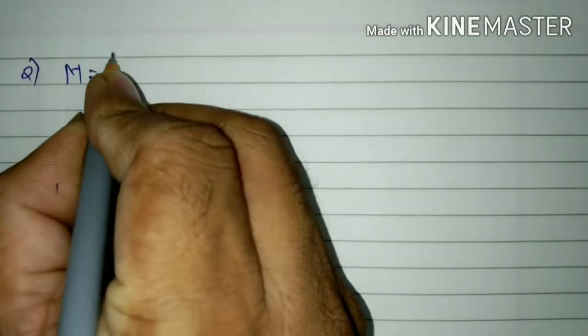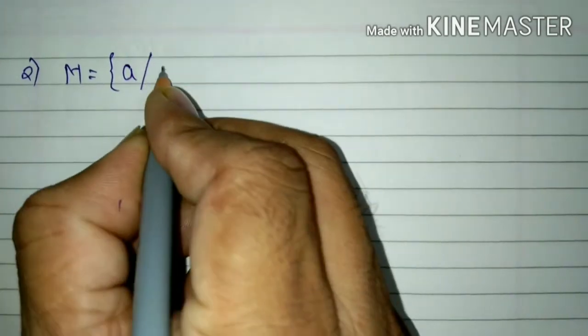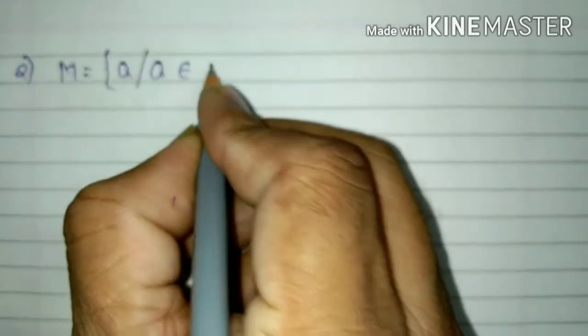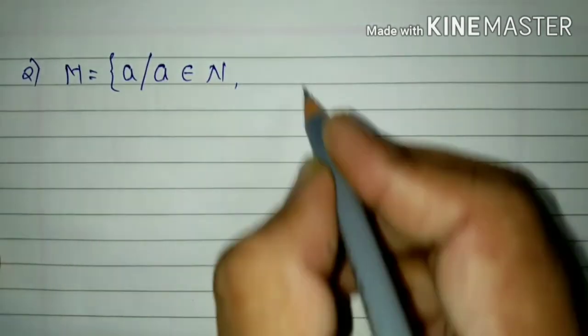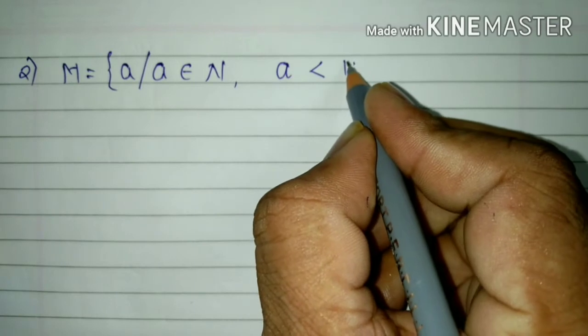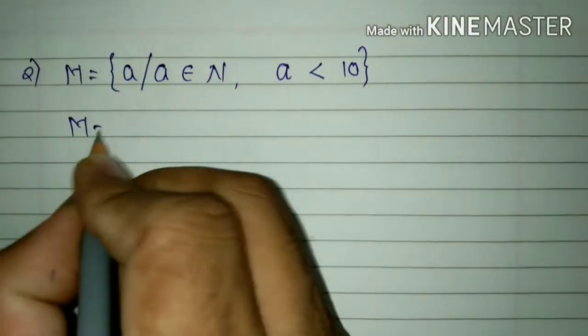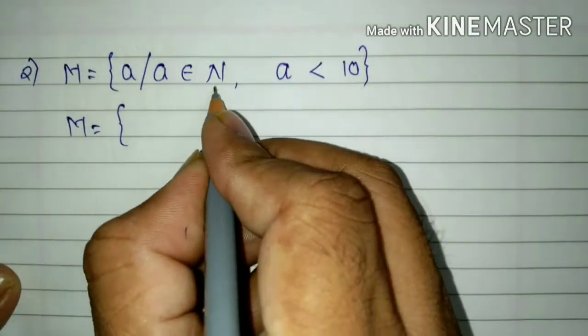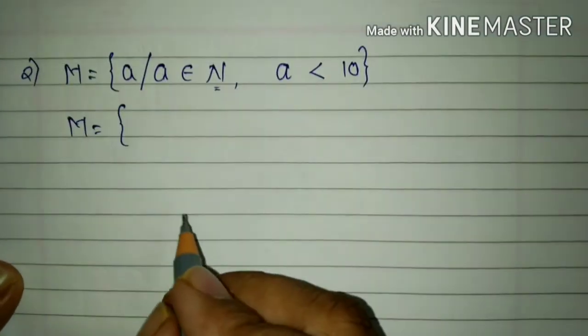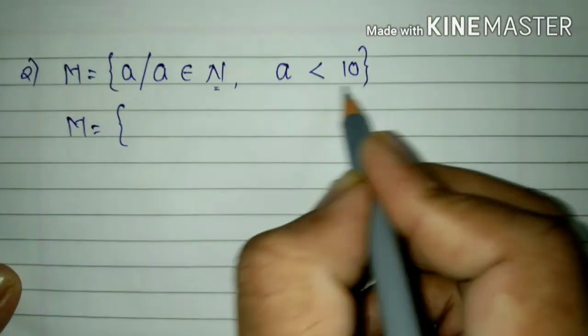Now let us see some more examples. Suppose I am taking a second example. M is a set of a such that a belongs to natural numbers and a is less than 10. So M is equal to, see, we know that natural numbers start with 1. So the numbers are natural numbers and less than 10.